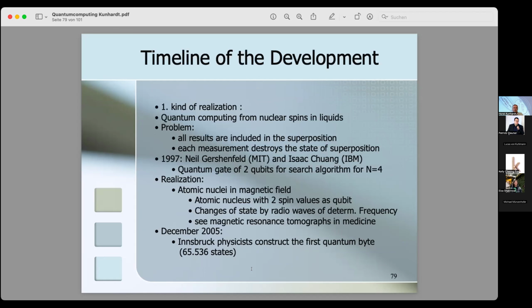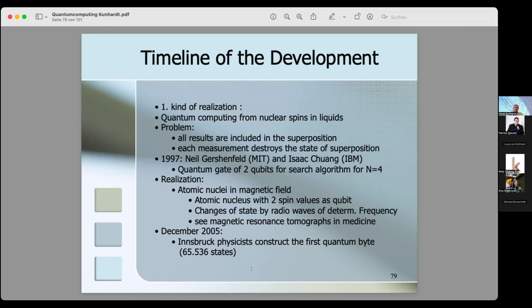So summarizing a bit what we have learned today, the first implementations were indeed the nuclear magnetic resonance technology in the liquids. The problem is the scalability. The problem is the low decoherence time.